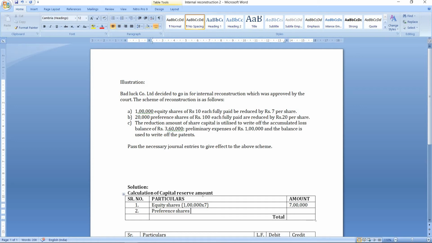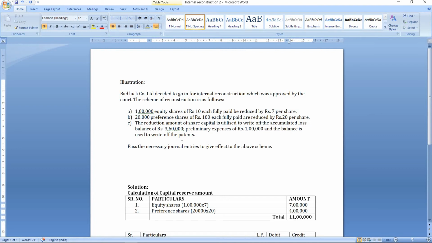So here in the bracket, 20,000 shares into rupees 20, the amount will be 4 lakhs. So the total amount of capital reduction we have is 11 lakhs. And this amount will be utilized to write off the losses, preliminary expenses and the patents.